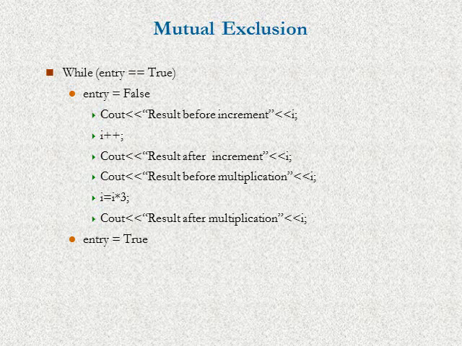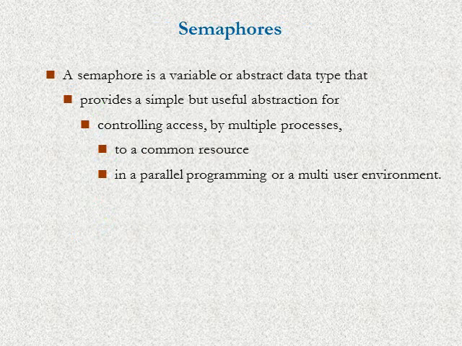Our operating systems and other applications provide some environment, some methods through which this mutual exclusion can be handled in a more efficient way. One such mechanism is semaphores. A semaphore is just a variable that is used to control the access by multiple processes to a common resource.